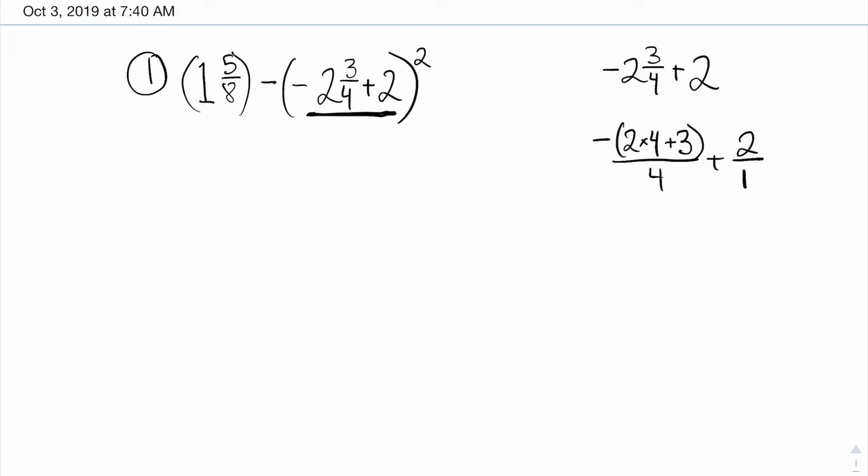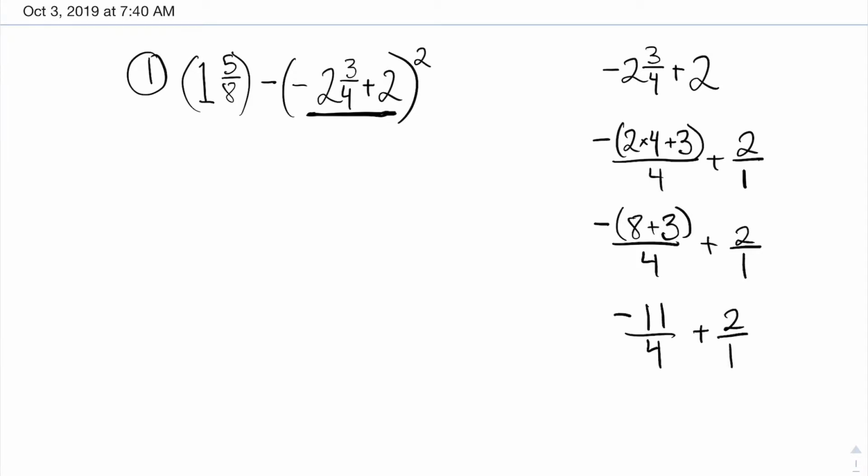Now when I do 2 times 4 plus 3, that becomes 8 plus 3. And I'll continue with just the 2 over 1. That 8 plus 3 becomes 11. So now I have negative 11 over 4 plus 2 over 1.